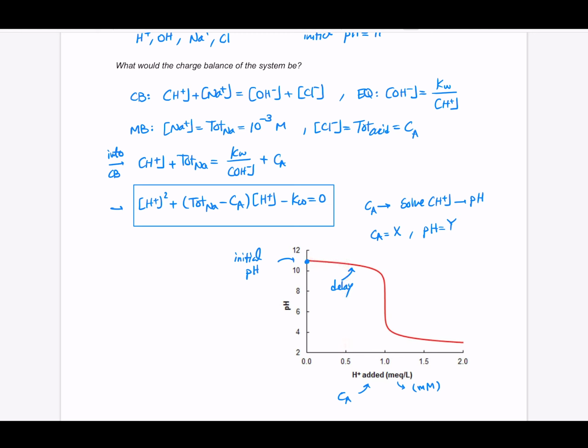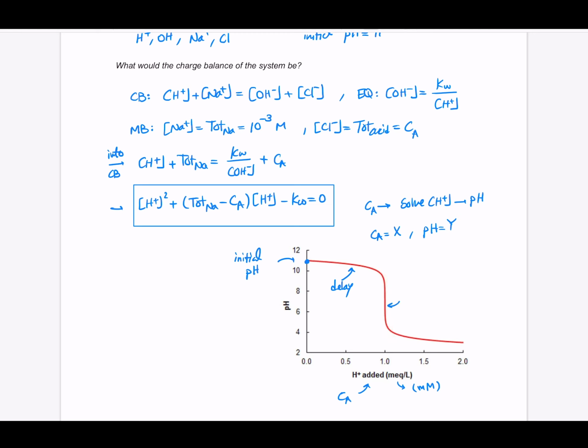So it's resisting so much. That resistance is basically the topic of the next lecture, buffers. So you're dealing with some buffer zone resisting the change in pH when you add H plus. And after the delay, it's depleted, and then you have this sharp drop in pH.